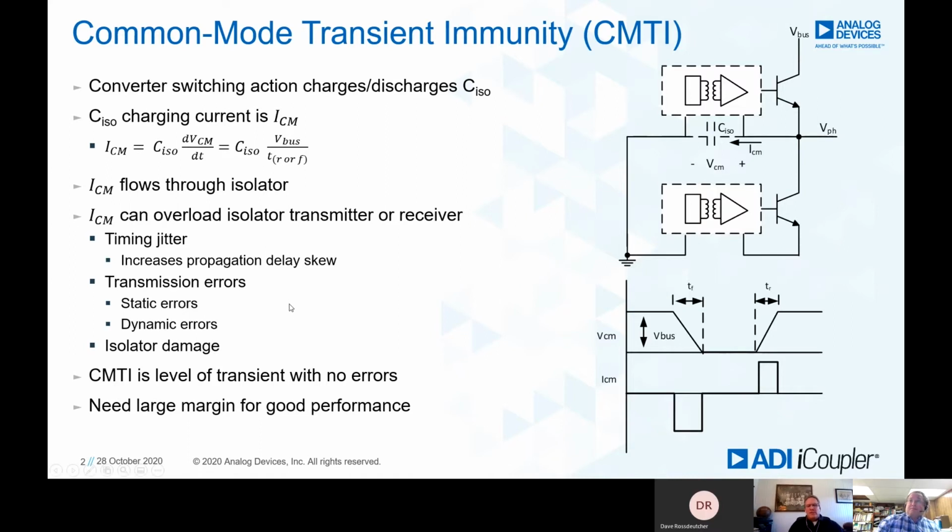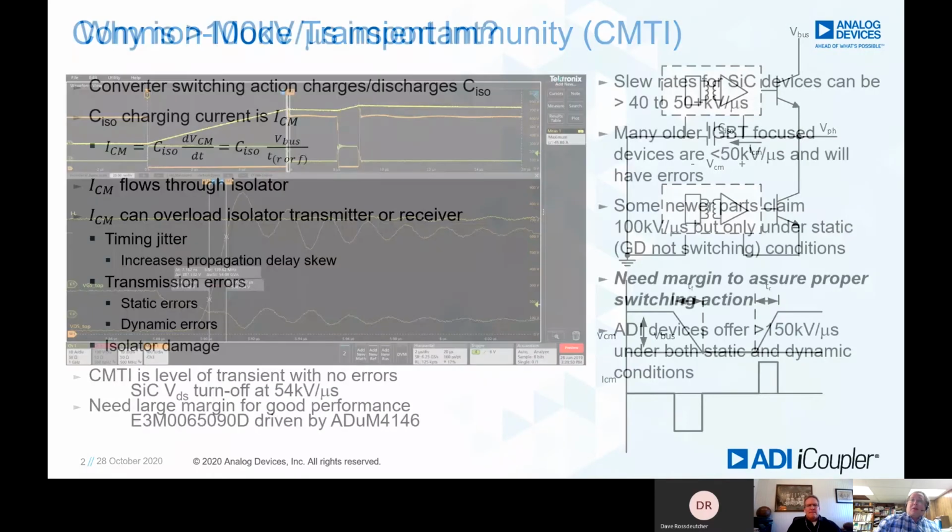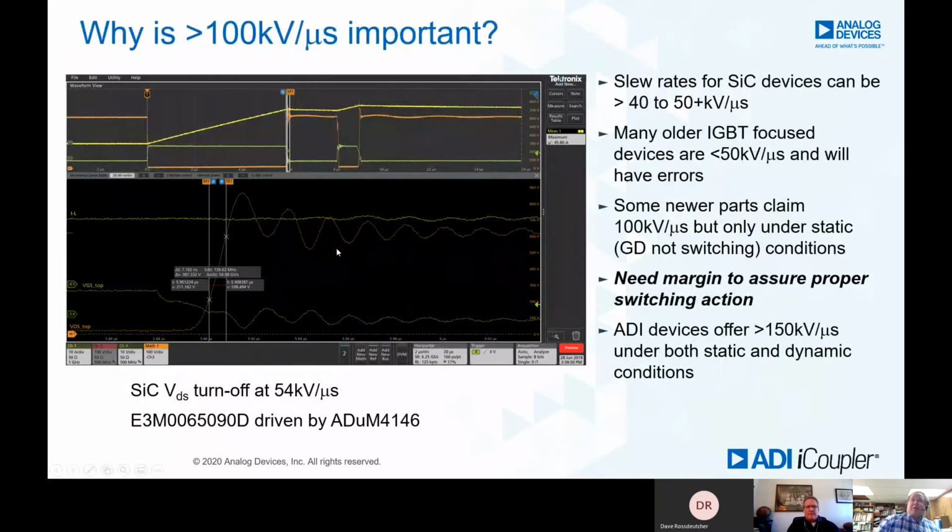So you see a wide range of CMTI specs from 30 kV per microsecond up to hundreds of kV per microsecond. Are all CMTI specs measured in the same way? Well, they can be, but if I take a step back and talk about the range of specs, you need different levels of performance depending on the switch you're working with. Older devices like IGBTs switch slower, and they can use an isolated gate driver with a lower CMTI rating.